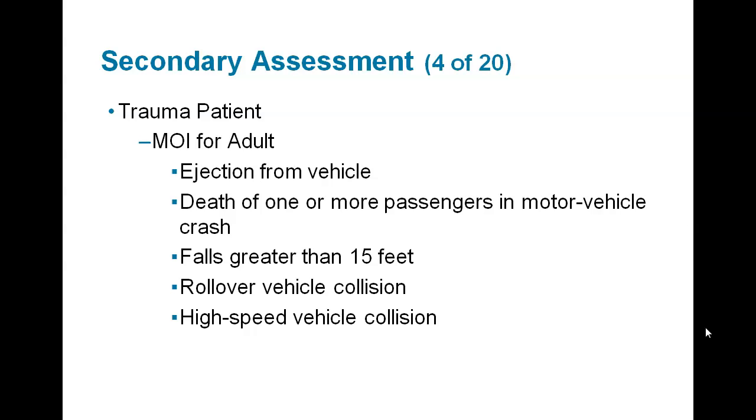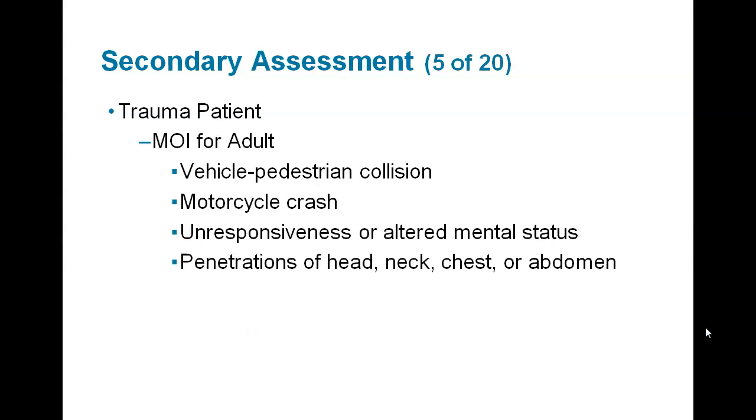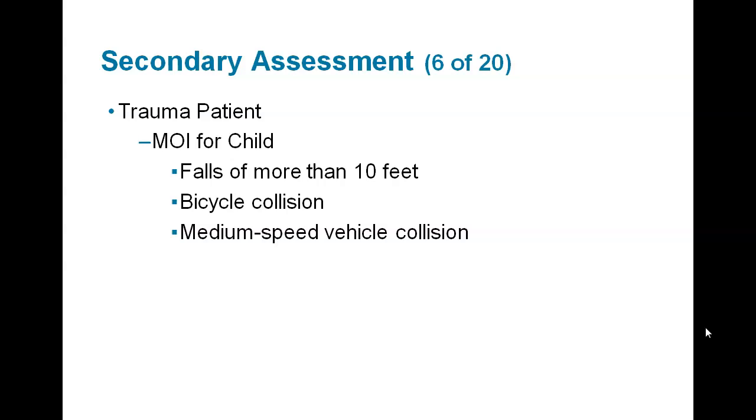A fall from greater than 15 feet. A rollover vehicle collision. High-speed vehicle collision. A vehicle that hits a pedestrian. Motorcycle crash. Unresponsiveness. Altered mental status. Penetrations of the head, neck, chest, and abdomen. So all of those are considered significant MOIs for adults.